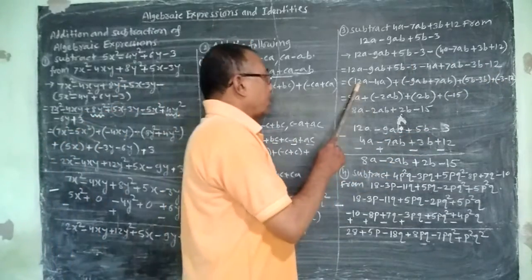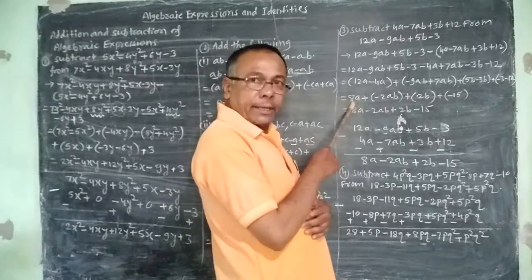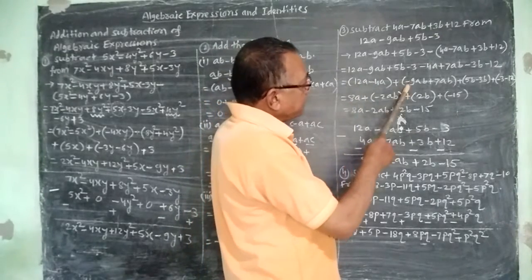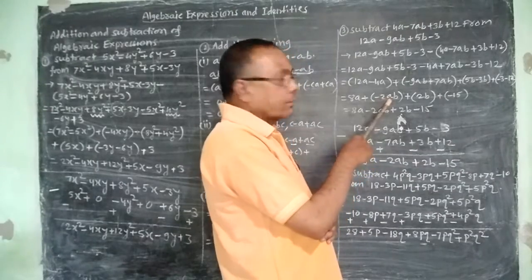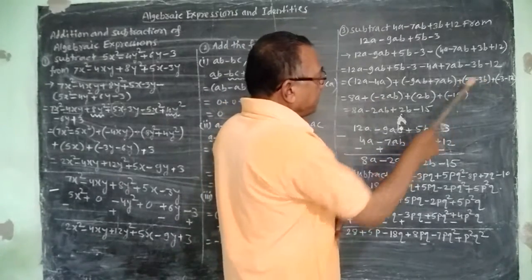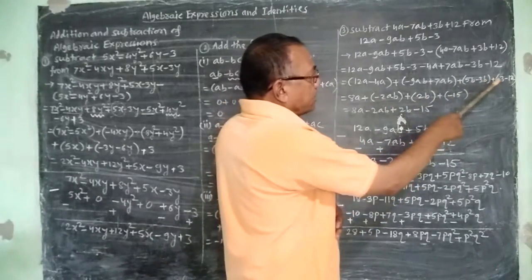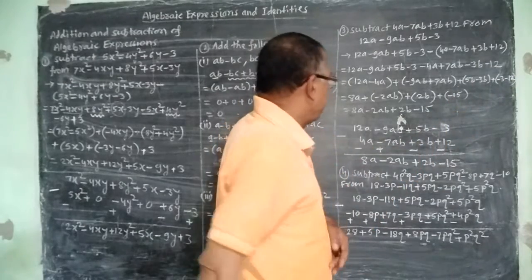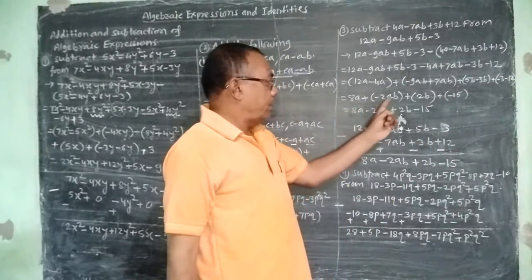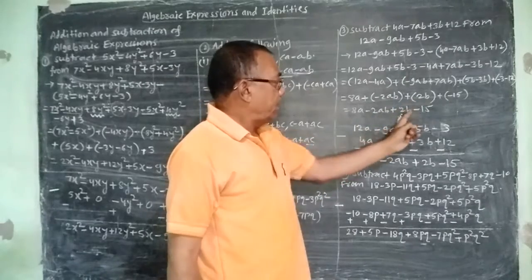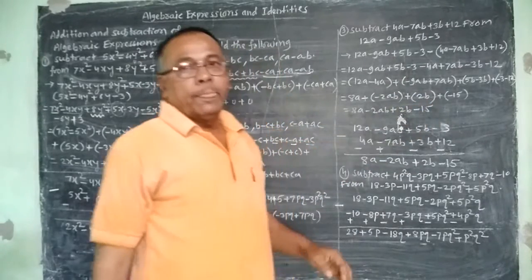Here 12a minus 4a, it will be 8a, then minus 9ab and plus 7ab, it will be minus 2ab, then 5b minus 3b will be 2b, and minus 3 minus 12, it will be minus 15. So here 8a minus 2ab plus 2b minus 15 is the answer.